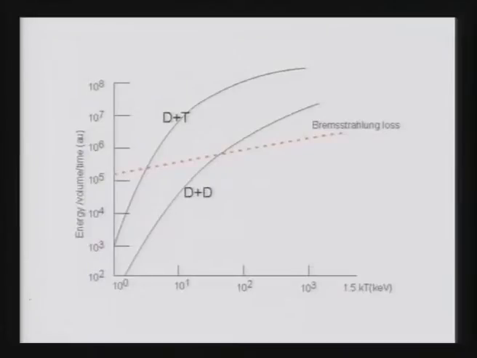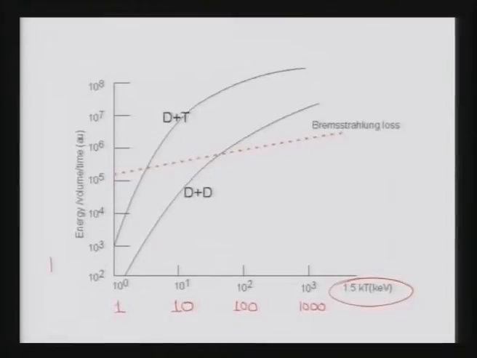So, here you see on the screen we have on the x axis side, horizontal side, it is the kT, 1.5 kT here. This is as a function of temperature we are plotting, and this is a log scale. So, this is 10 to the power 0, this is 10 to the power 1, 10 kV, this is 100 kV, this is 1000 kV, and so on. These are all in kVs.